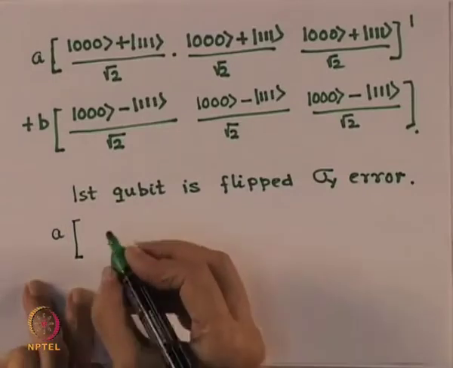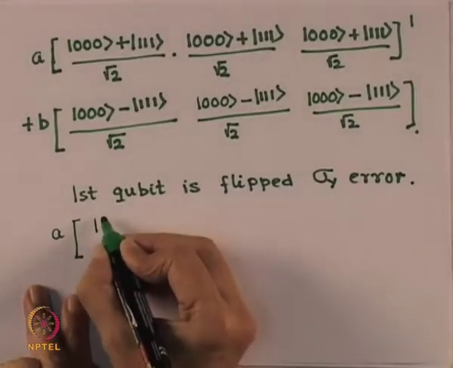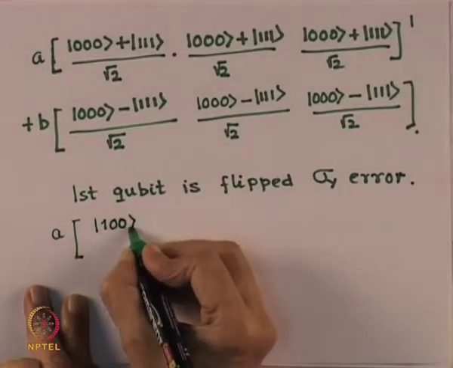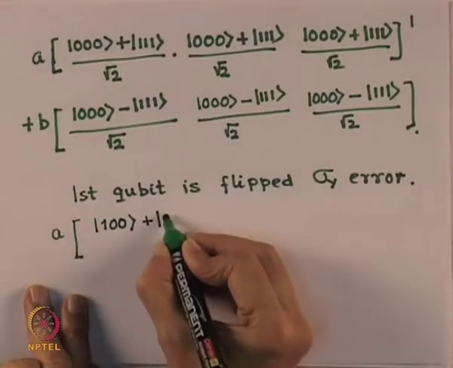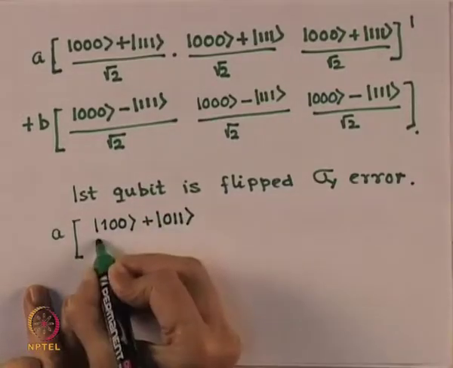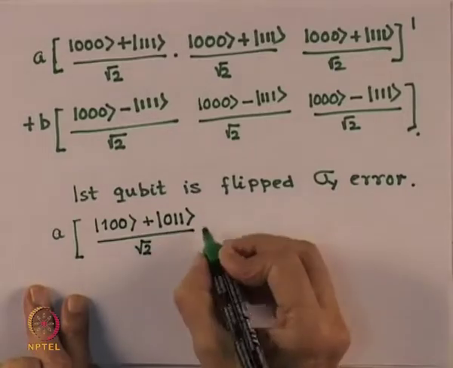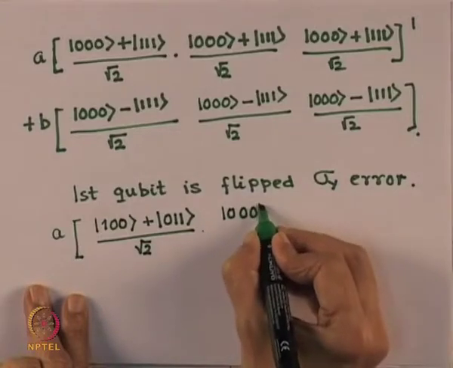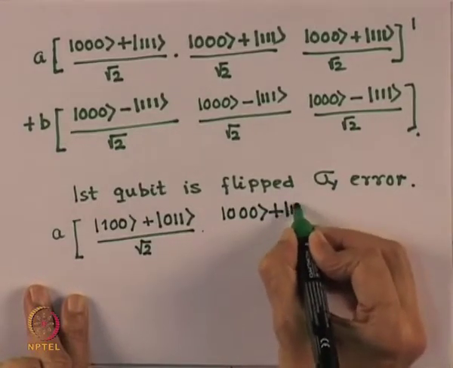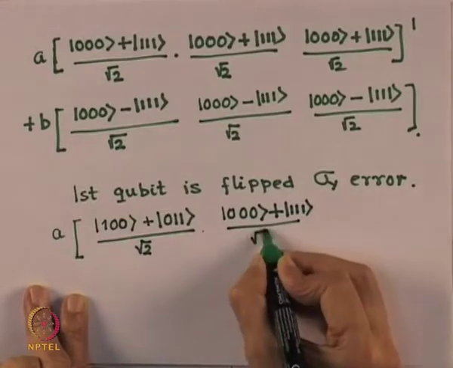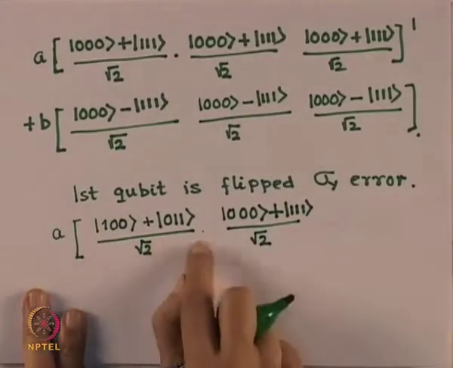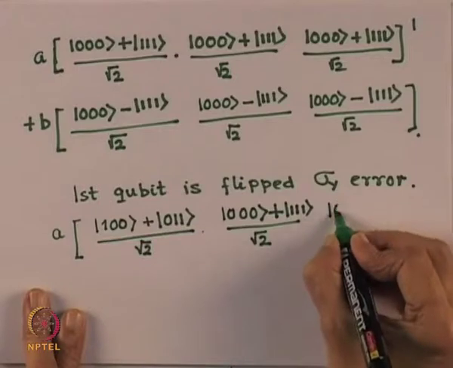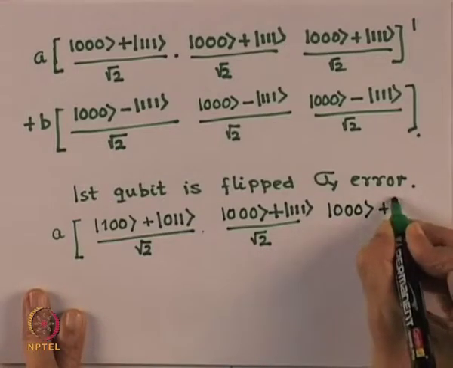Since the first qubit is flipped, instead of 0 0 0, I get 1 0 0 plus 0 1 1 by square root of 2, and into 0 0 0 plus 1 1 1. This change now occurs here. I will change the first qubit to take care of the fact that there is a phase flip also, but let me first write down what happens when I have got just a bit flip.